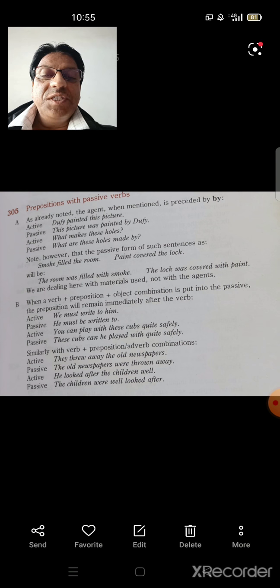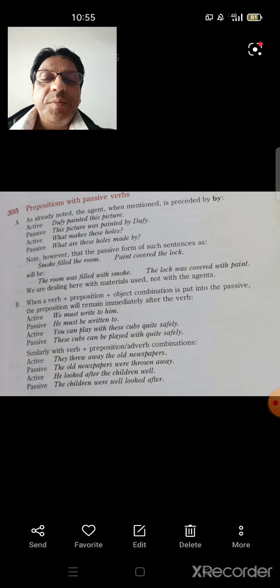Similarly, with verb plus preposition or adverb combinations, they threw away the old newspapers. So the old newspapers is the object which comes in place of the subject. The newspapers were, of course, because the plural form, were thrown away. Were is the be form of, we use the same form as the main verb, threw, which is past.